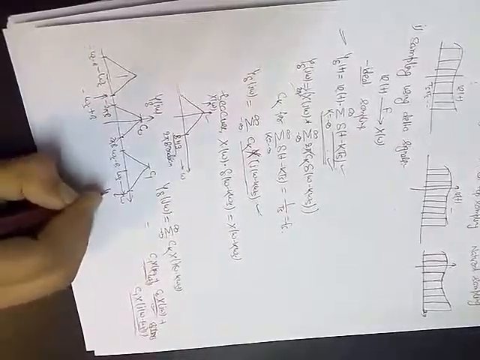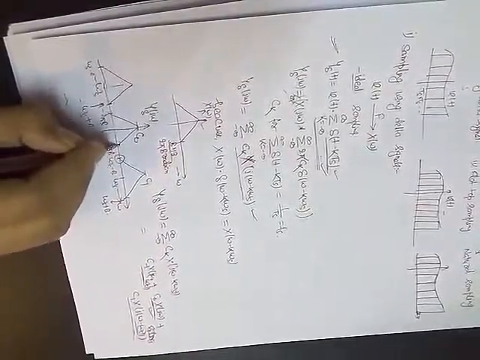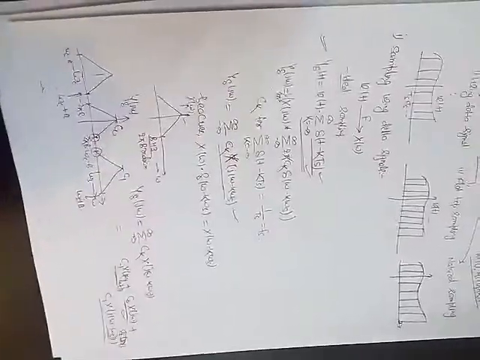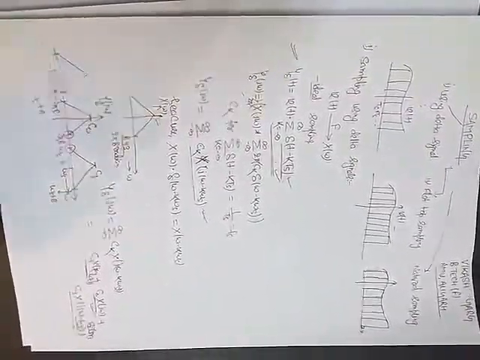These points will be −ωs, −ωs + B, −ωs − B, and similarly ωs − B and ωs + B. If this point goes beyond this point, then overlapping takes place in the frequency domain, and we cannot get the original signal back.